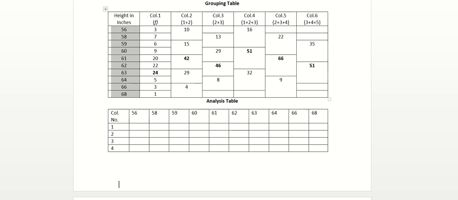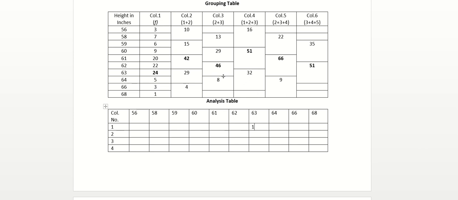Columns 1, 2, 3, 4, 5, 6 and here we have inches. So here you see the highest value is 24. This 24 is corresponding to which value? 63. So column number 1 has the highest value 24 and it is corresponding to 63. So for 63 here I will write 1.